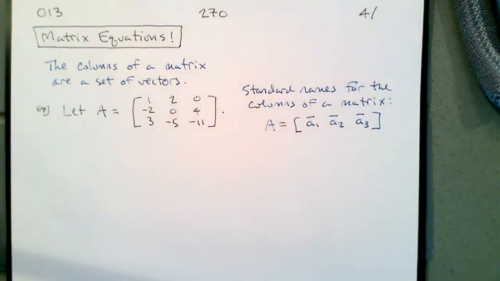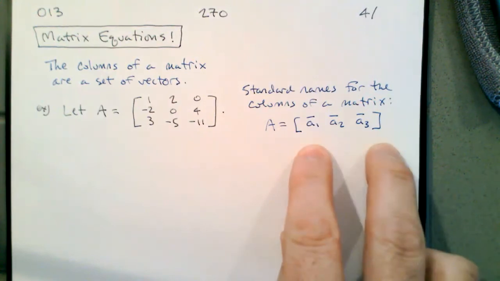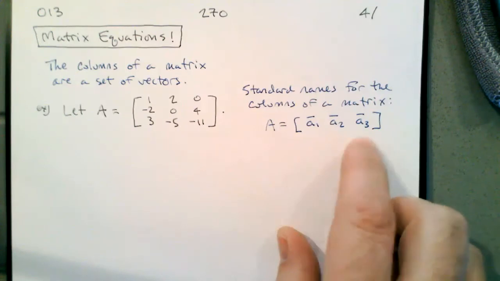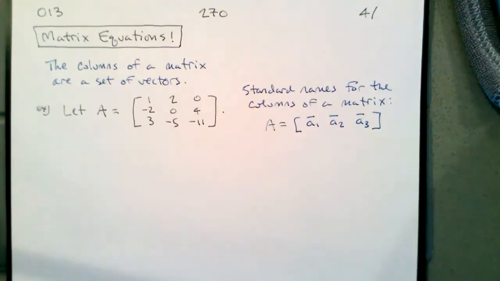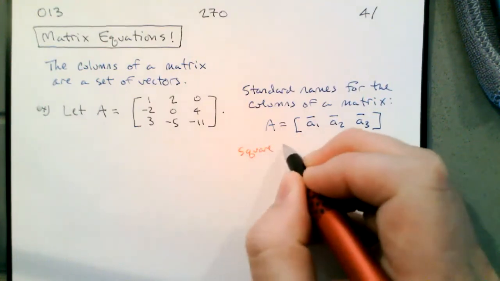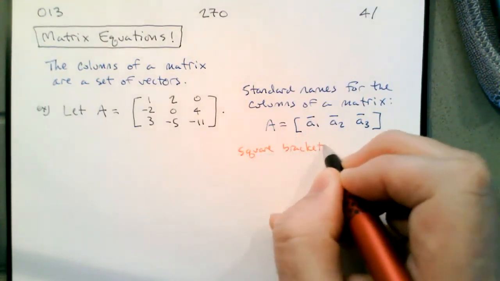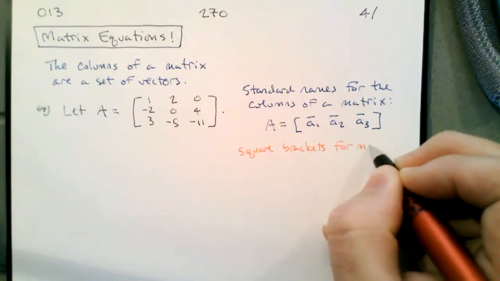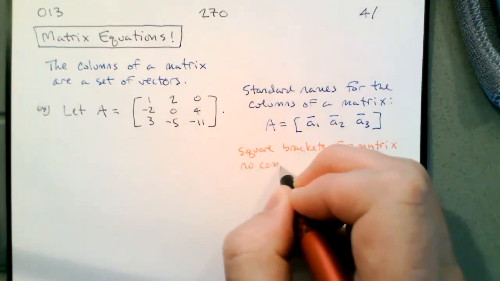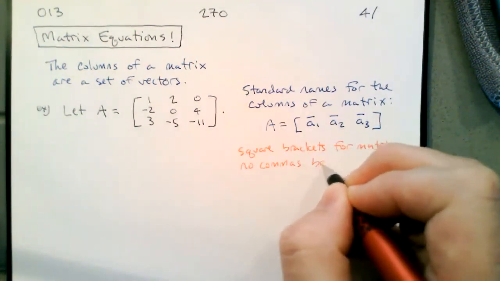I label them like vectors because I'm thinking of the columns of the matrix as a set of vectors. Notice that when I write A is this matrix, I use square brackets because it's a matrix, and I don't separate the columns of a matrix with commas. Square brackets for matrix, no commas between the columns.